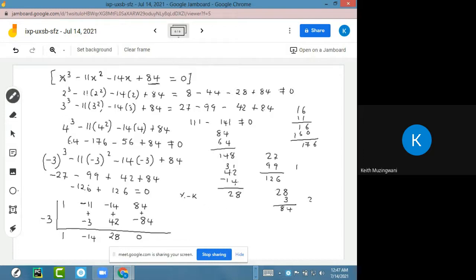So say x plus 3 multiplied by, I'm getting this as a coefficient, so I'll say 1x, then the power, because we had power 3 here, we now have power 2.